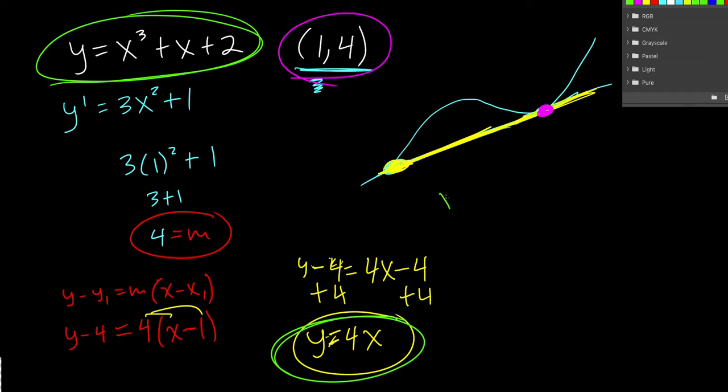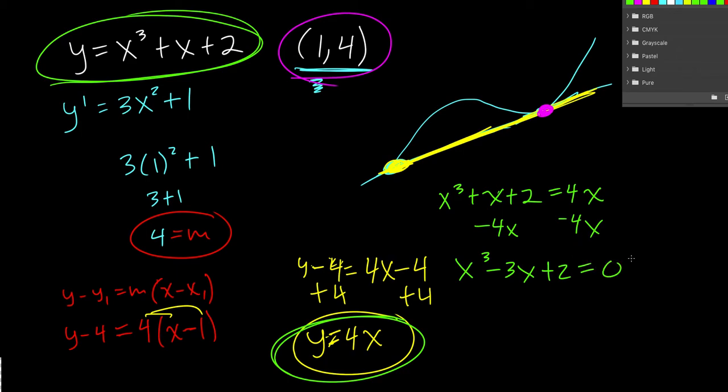So we have x cubed plus x plus 2 equals 4x. Then I'm going to subtract 4x from this side. And so we get x cubed minus 3x plus 2 equals 0.